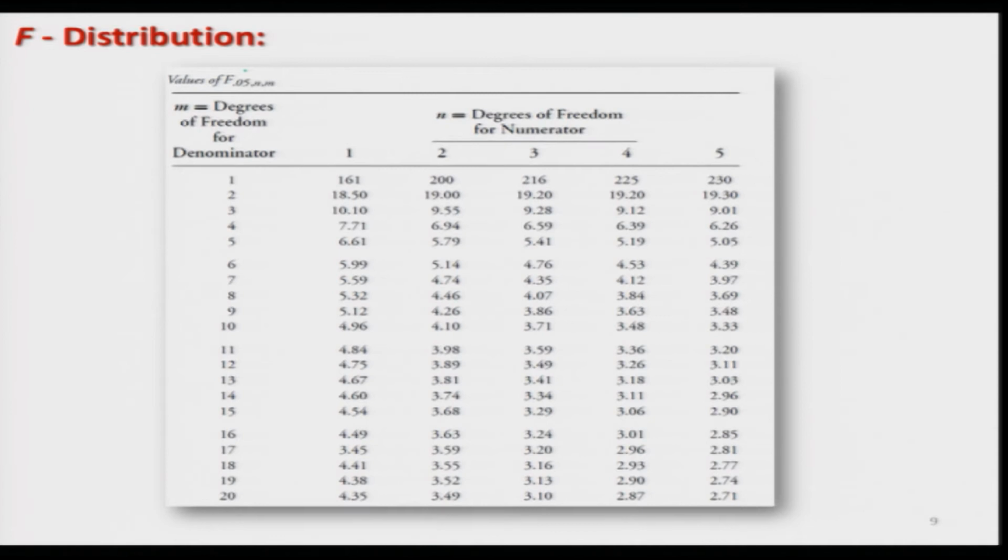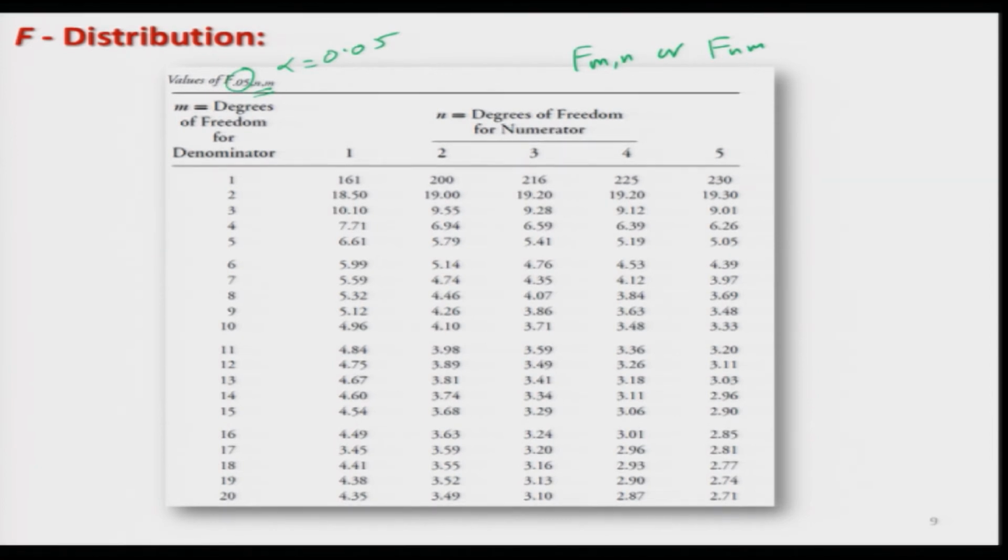For example, you can see here the value of alpha is equal to 0.05, and then it is giving here the degrees of freedom as n and m. Well, in case you are trying to use this table, you have to see whether the tables are in the form of your so-called F(m, n) or F(n, m), means what is the degrees of freedom in the numerator and denominator. So, you have to use it accordingly.